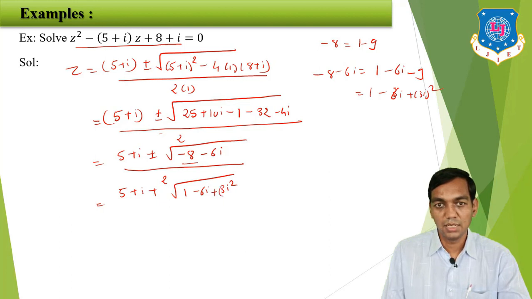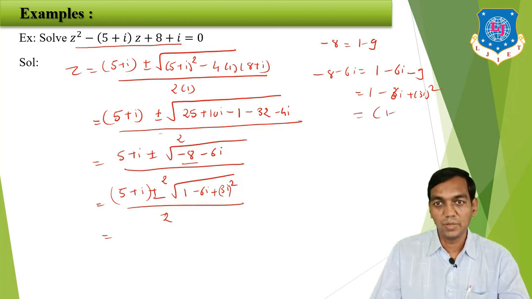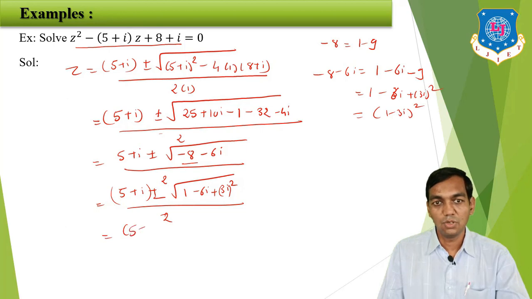divided by 2. So this is going to be 1 minus 3i the whole square. If you are writing 1 minus 3i the whole square, then the square root will be 5 plus i plus or minus 1 minus 3i, by 2.